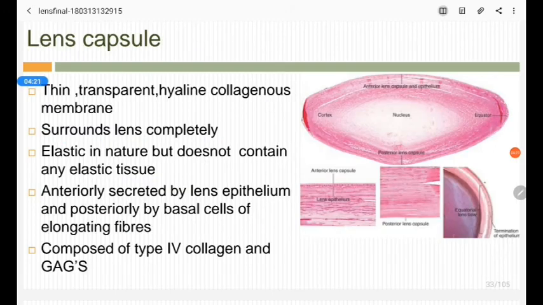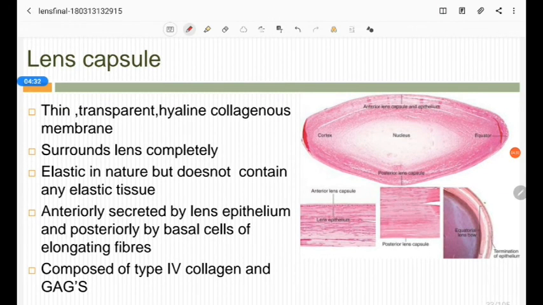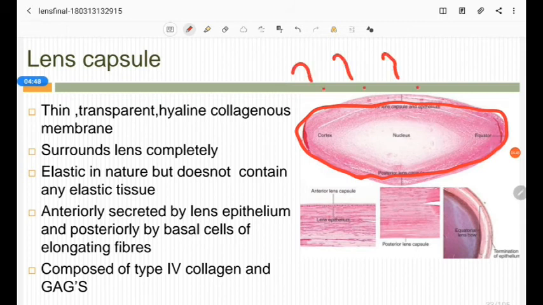Now coming to the lens capsule, the lens capsule is a thin, transparent, hyaline collagenous membrane. It is surrounding the entire lens completely. Elastic in nature, but it does not contain any elastic tissues, which is a mystery. Now anteriorly secreted by the lens epithelium and posteriorly by the basal cells of the elongated fibers.